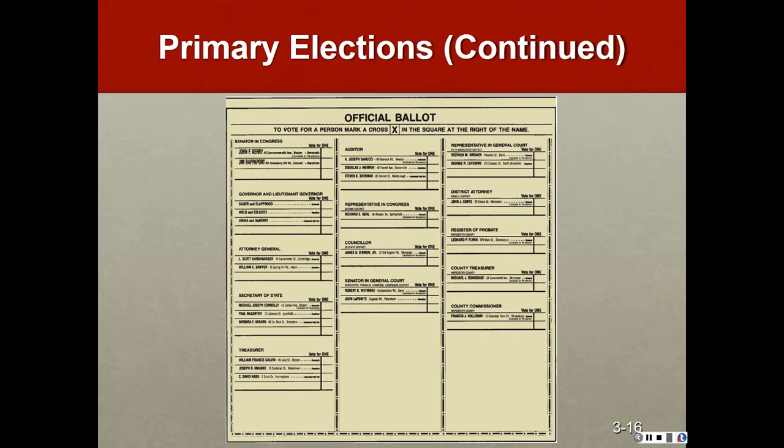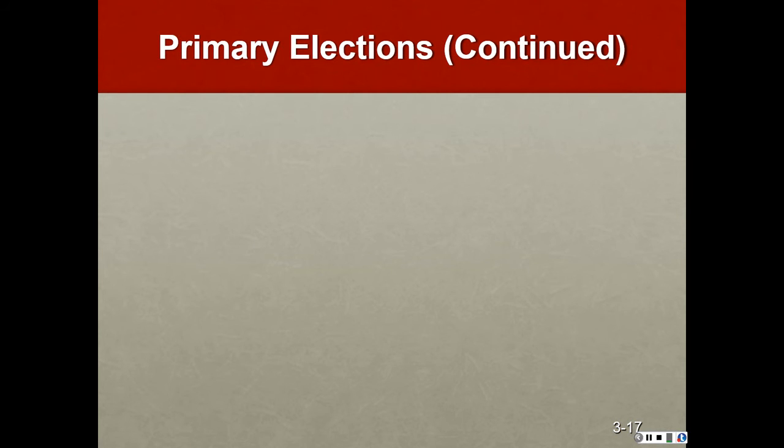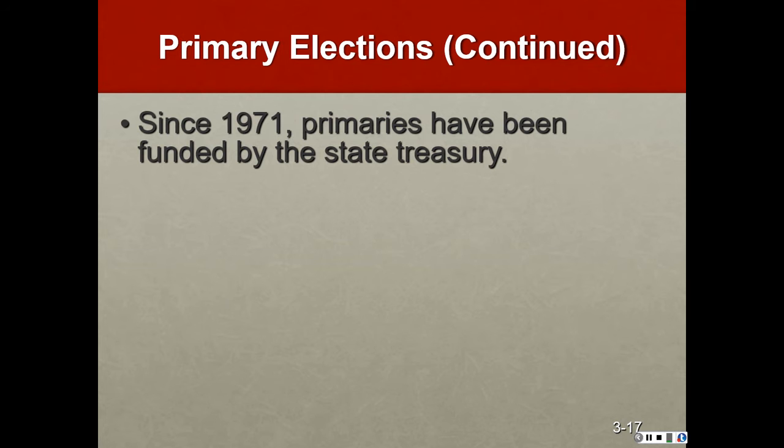If you look in the top left, you see Senator and Congress, John Kerry and Jim Rappaport. So this is called a block ballot. Since 1971, primaries have been funded and paid by the state.